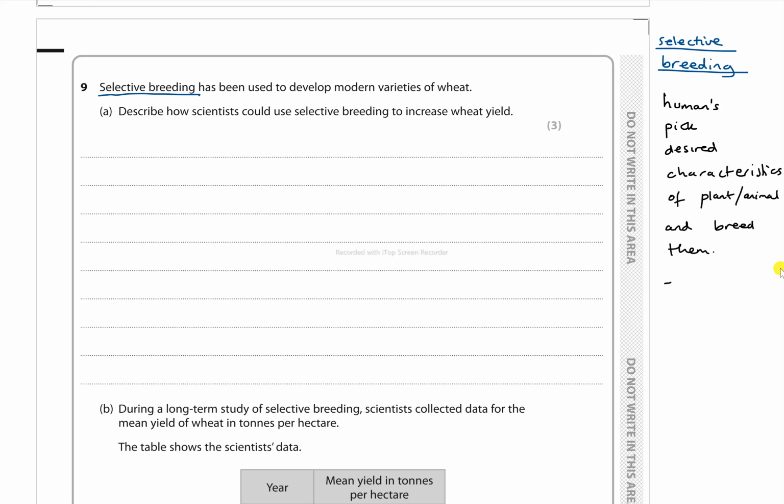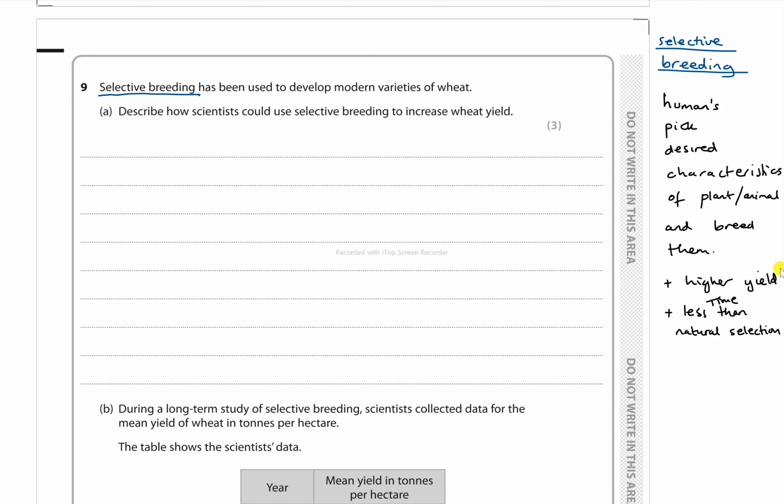What are the advantages? You get higher yield. It can be more fruits or more milk or more fat or more butter. It takes less time than natural selection.